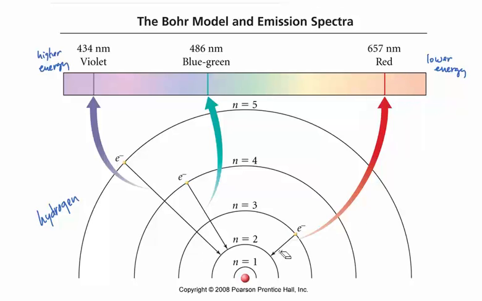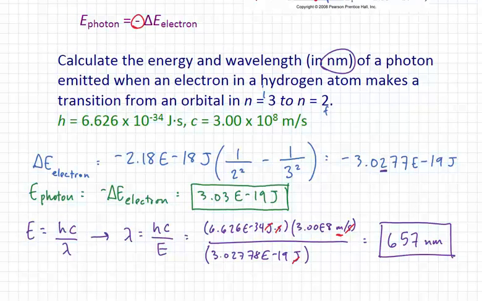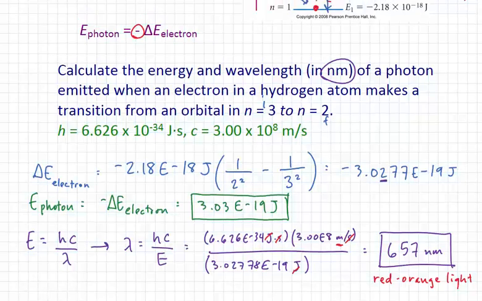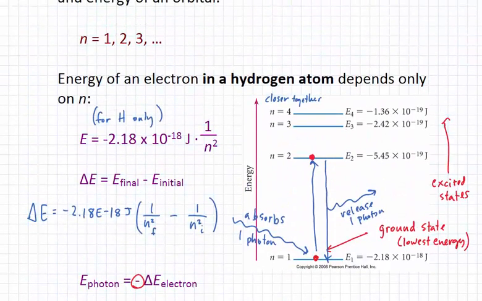But that 657, that red-orange color, corresponds to n equals 3 to n equals 2. And if I make my little colors here, 3 to 2, that gives off red light.